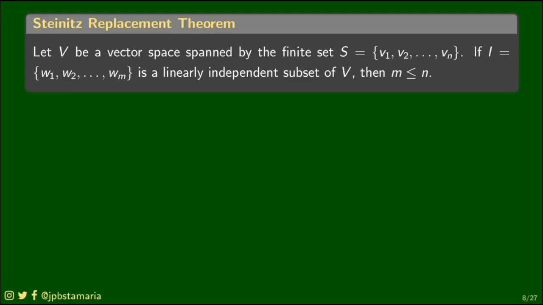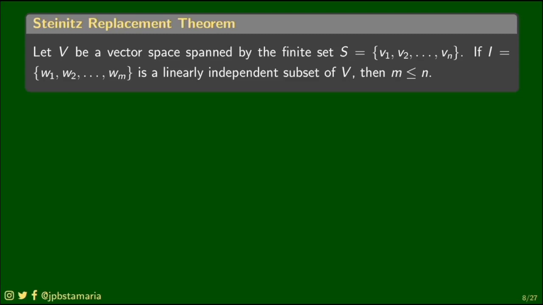So basically S is a spanning set for V. Now if you have another set I with M elements this time, W1 up to Wm, and you find that I is linearly independent in V, no? Then what is the conclusion? M must be less than or equal to N.